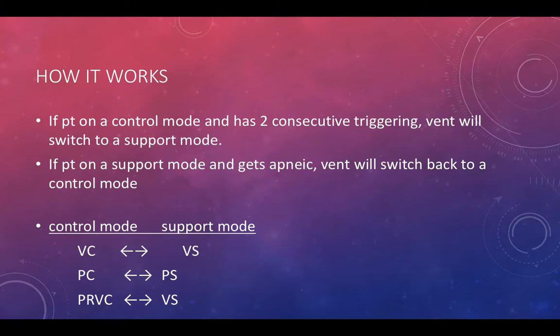Once the patient has two consecutive triggers, the vent will switch him to a support mode and remains in this mode as long as the patient is breathing spontaneously. But after switching to a support mode, if the patient got apneic for some reason, or let's say no patient effort for a certain period, the vent will switch him back again to a control mode.